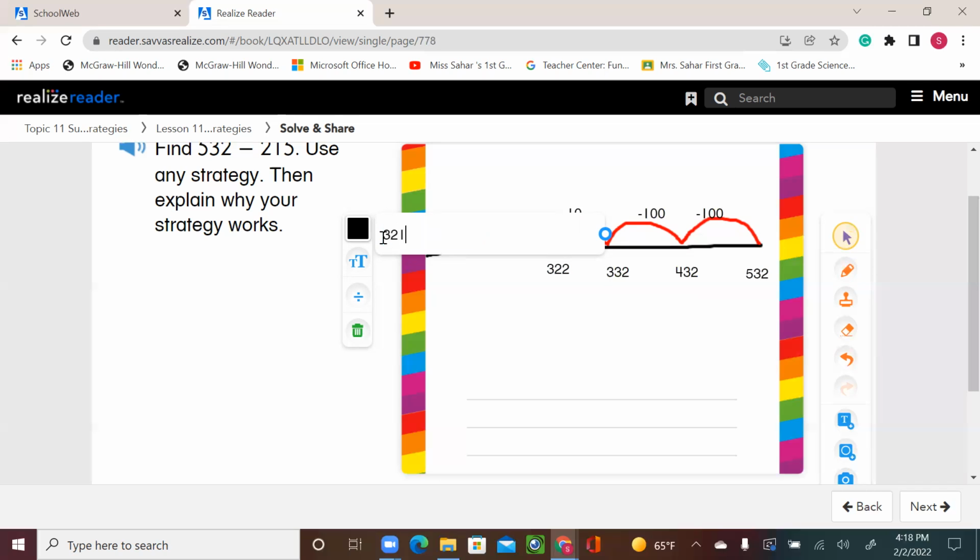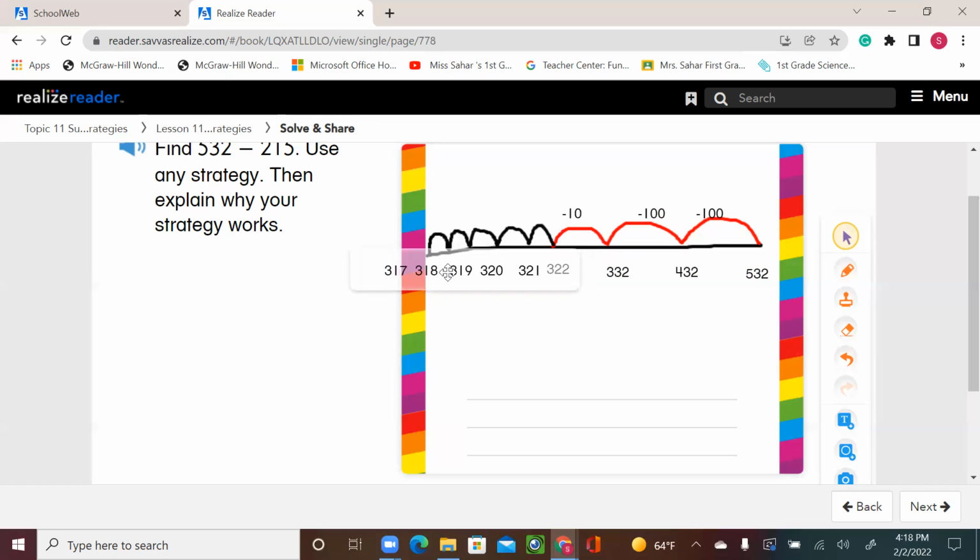So 321, 320, 319, 318, and 317. So 321, 320, 319, 318, and 317, 5 times.